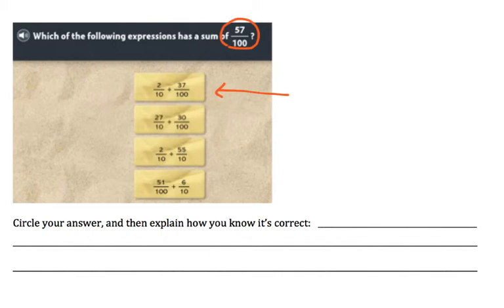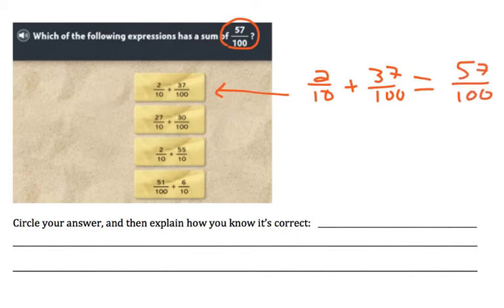The first one says we have 2 tenths, which I know is the same as 2 dimes, and then we add 37 hundredths, which is the same as 37 pennies. So if 2 dimes is kind of the same as 20 cents, and then 20 cents plus 37 cents would be 57 cents or 57 hundredths.